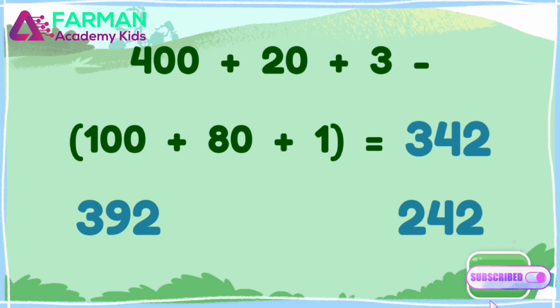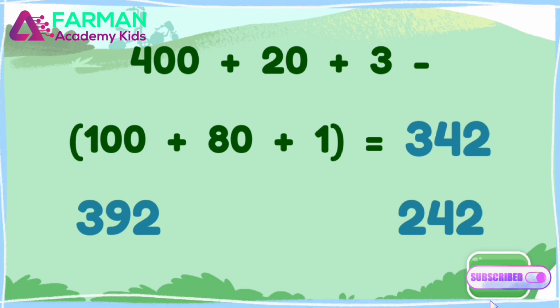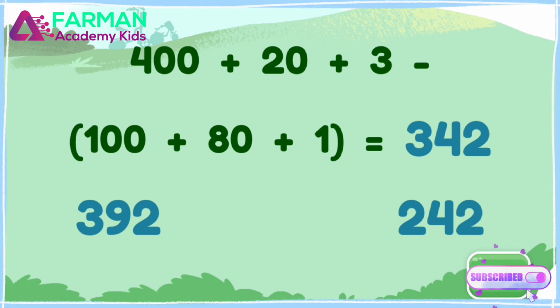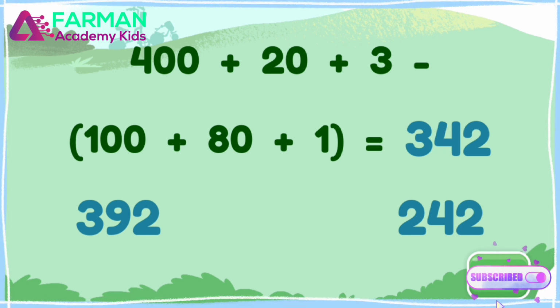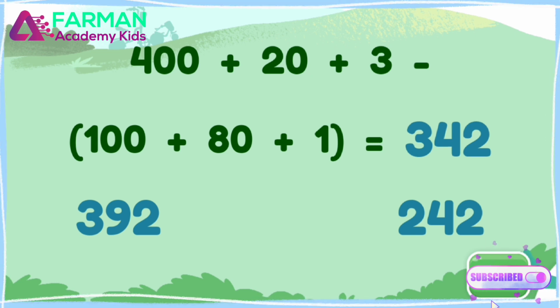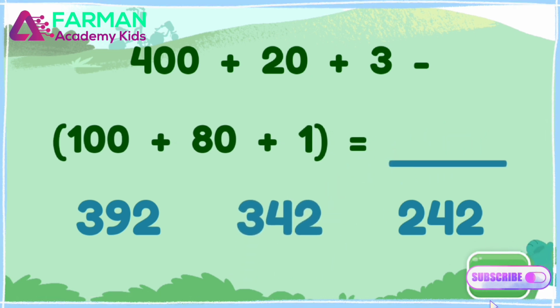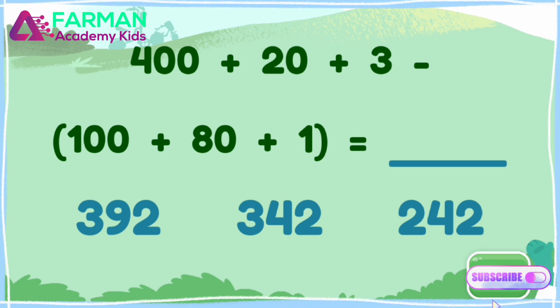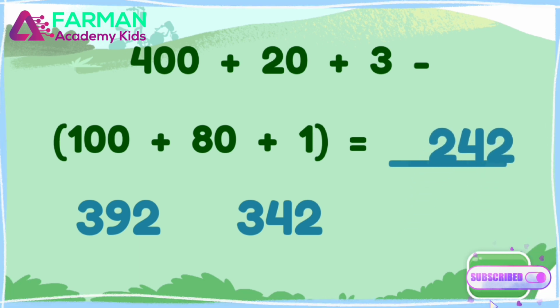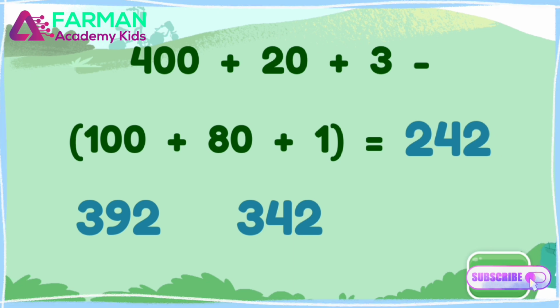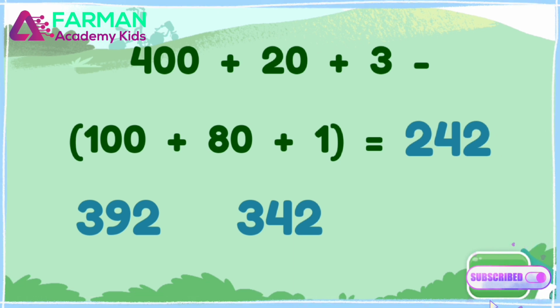First, take away the ones. Next, take away the tens. There are not enough tens in the top number, so you have to borrow from the hundreds. Finally, subtract the hundreds. Cool beans! You solved the equation with expanded form.